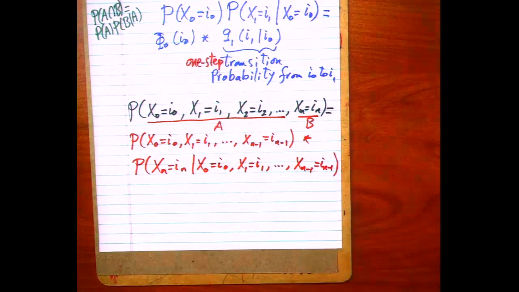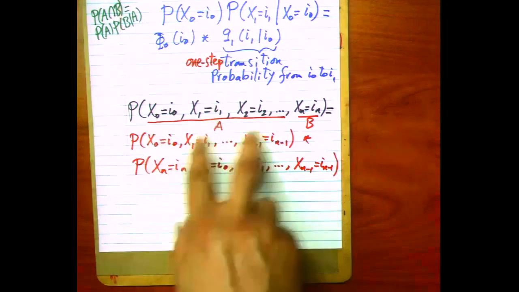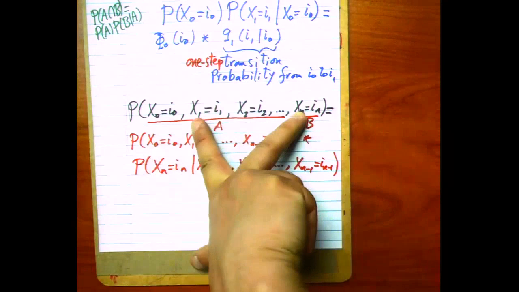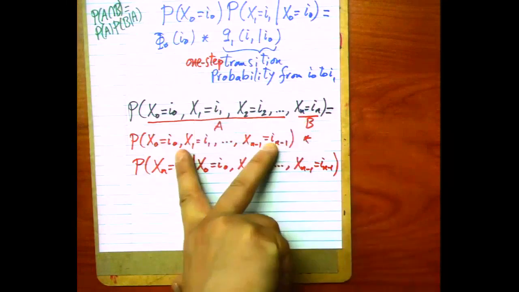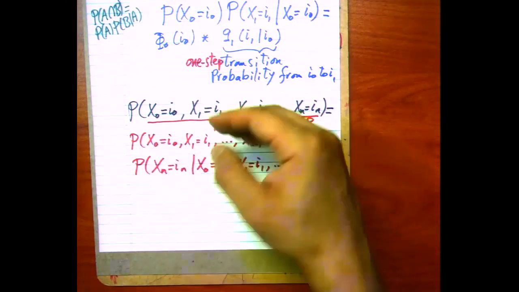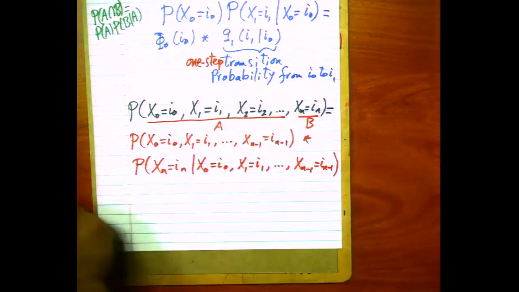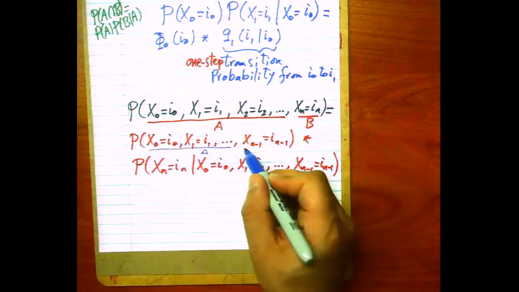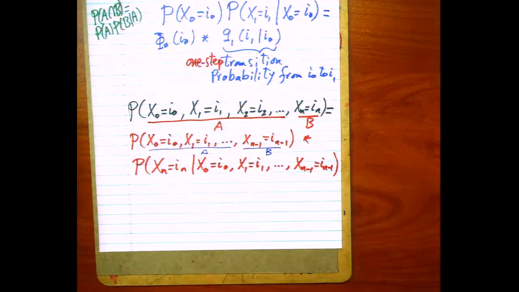Let's have a look at this formula. This one is up to n. This one is up to n-1. So by induction, successively, I can do the same thing for this same term here. Go one more step. Consider this term as the new A, and this one as B. And keep doing this successively.